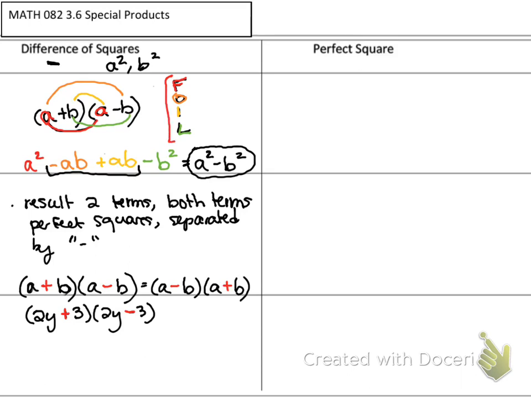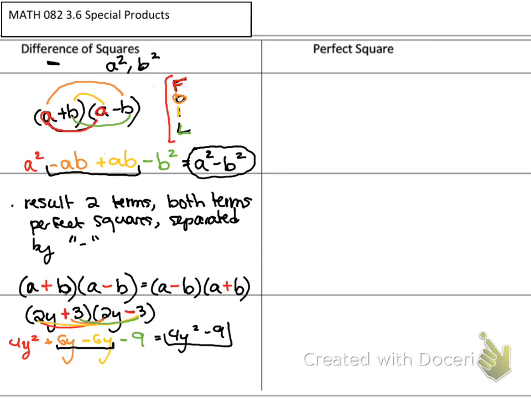Okay? So if we do that, we would get 4y squared plus 6y minus 6y minus 9. And again, these inner terms will cancel out so that you end up with 4y squared minus 9.